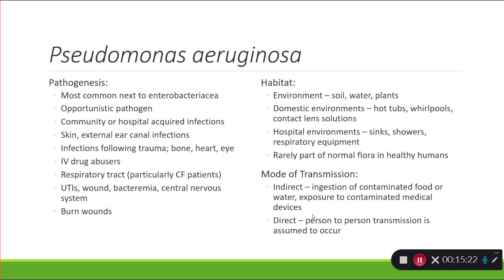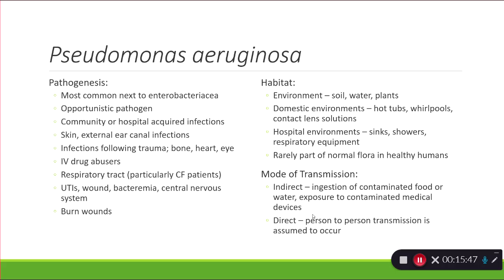This next one is very common. So this one is called Pseudomonas aeruginosa, and it's one of my favorites. So it's most common next to the Enterobacteriaceae. It's an opportunistic pathogen. We find it in community or hospital-acquired infections. We see it in external ear canal infections. If you've ever had swimmer's ear, it's a common thing for that.